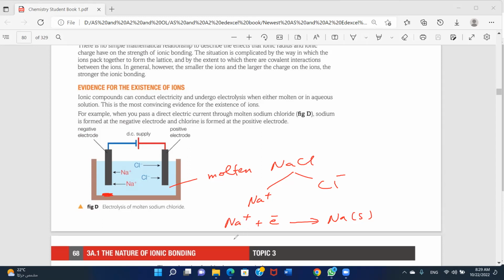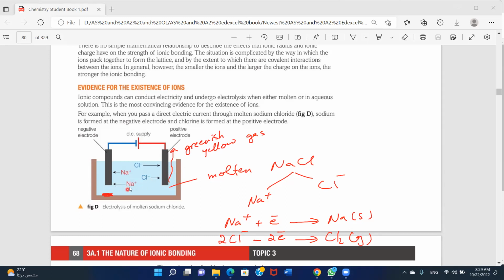And the chloride ions, sorry, they will lose 2 electrons at the positive electrode and form the chlorine gas. And we have studied that chlorine gas is a greenish yellow gas, and we can see it evolving here at the positive electrode.